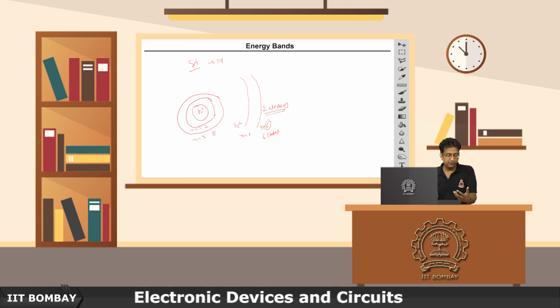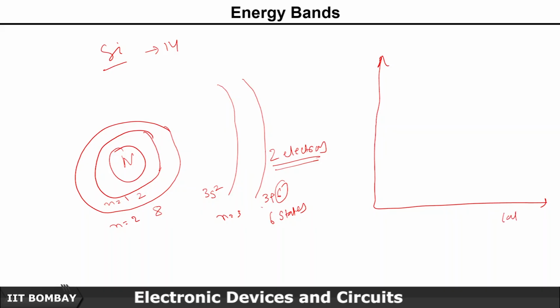If I draw the band gap diagram for this one, it will be something like this. This is lattice spacing. What is happening here? For the 3s case, I have 2n states if I am talking about n number of atoms, and it is all filled, as you can see here.